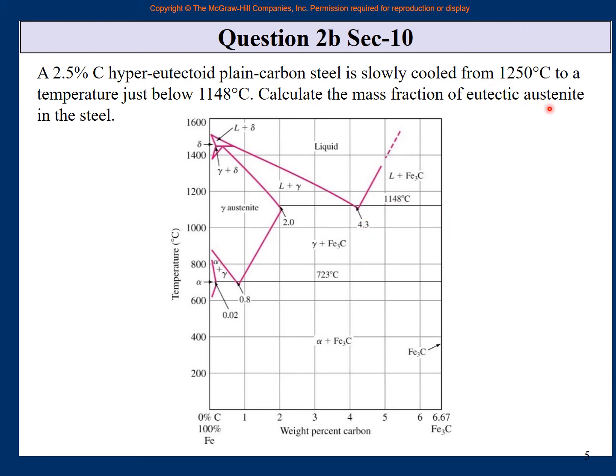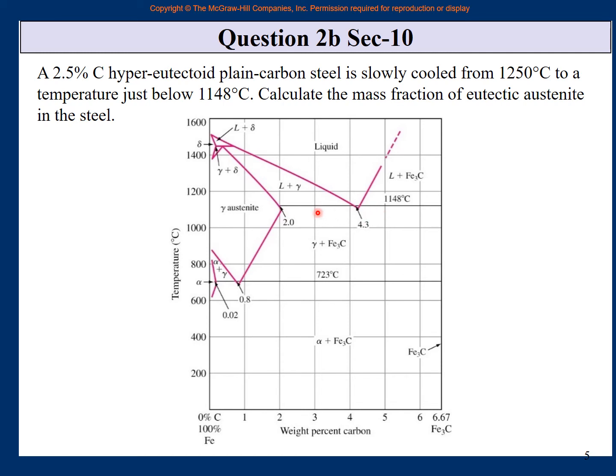And you are asked to find eutectic. But if you remember, above this line, if there is any gamma formed, austenite, any gamma formed above this line, that is the pro-eutectic gamma. Below this line, there is total gamma. So what you will find will be total gamma.